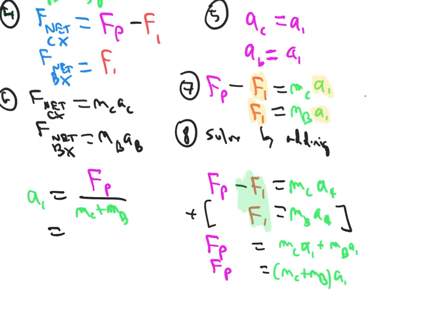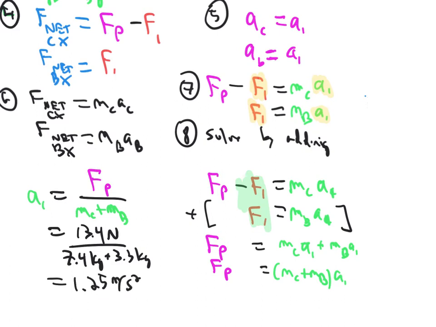So pulling our numbers out, 13.4 newtons over 7.4 kilograms and 3.3 kilograms, which is 1.25 meters per second squared.